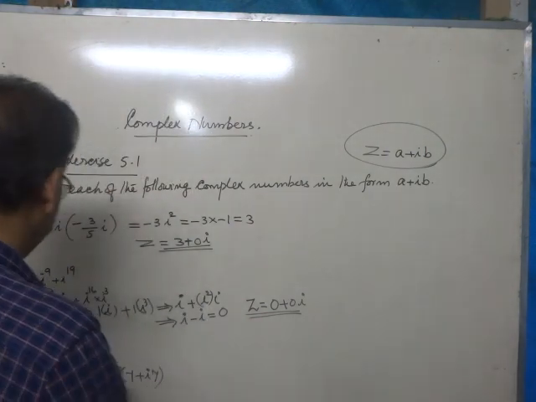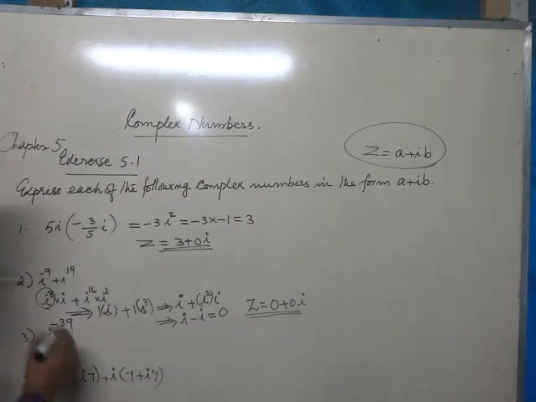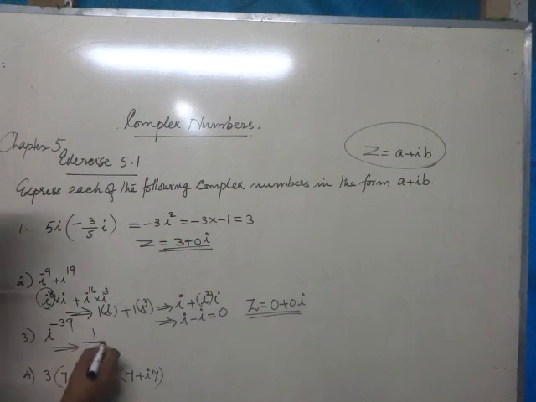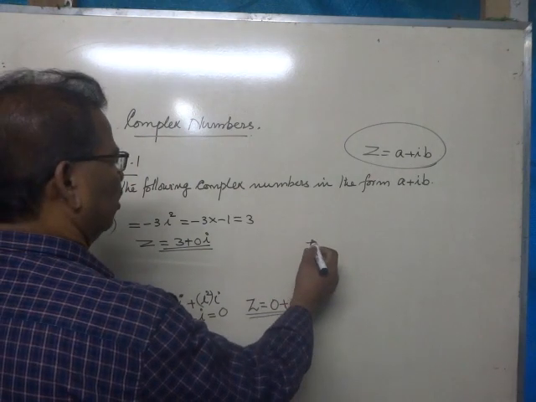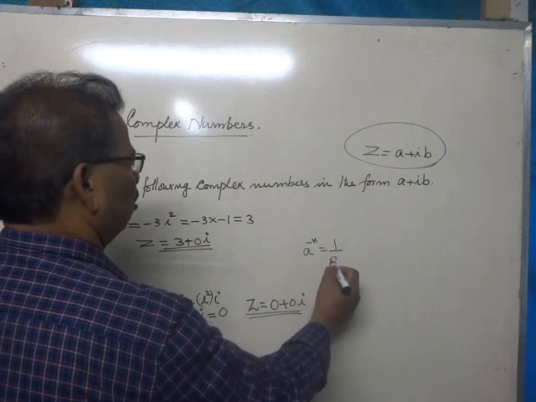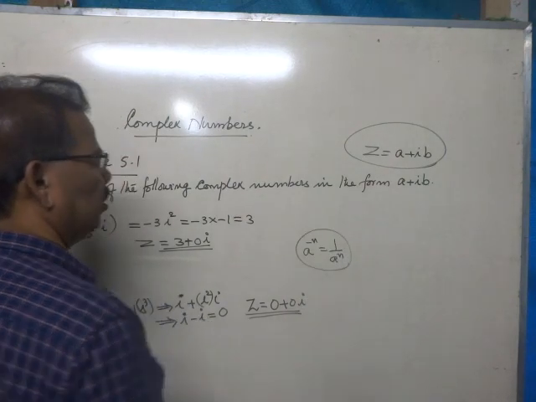Now, i raised to minus 39. This is 1 by i raised to 39. a raised to minus n is equal to 1 by a raised to n. We have studied in the laws of indices.